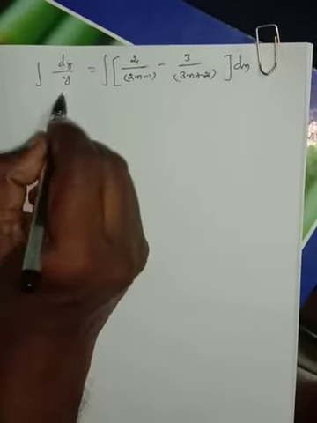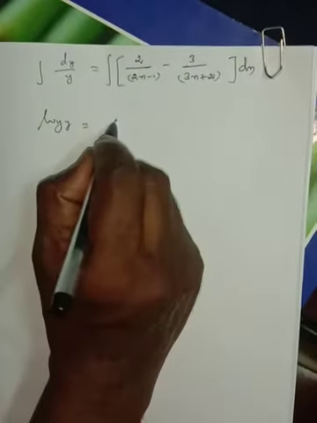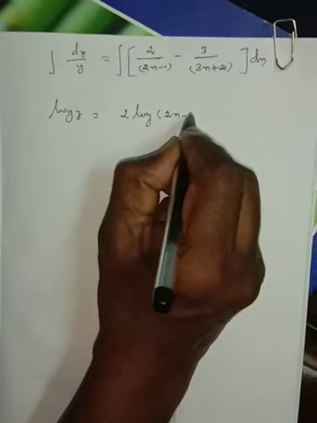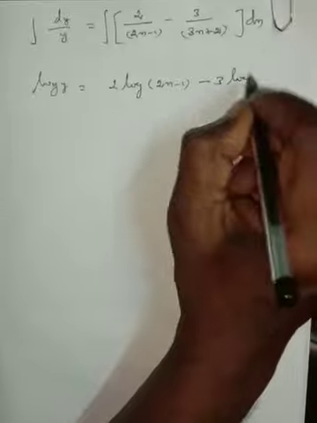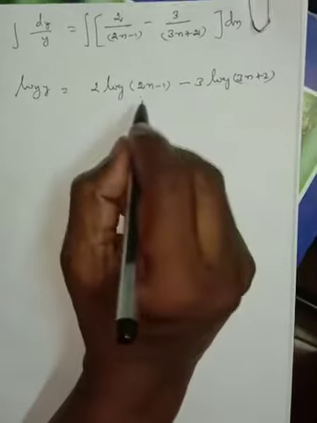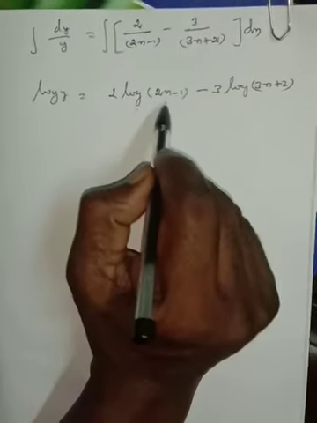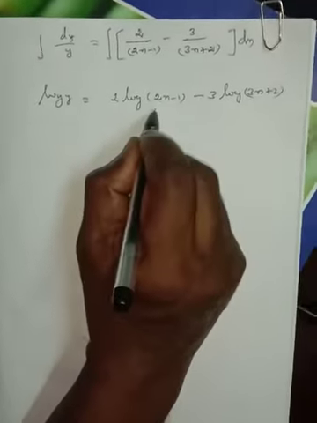Left hand side, dy by y integrates to log y, which is equal to 2 into log of (2x minus 1) minus 3 log (3x plus 2). The integral of 1 by (2x minus 1) is log of (2x minus 1), but the coefficient of x is 2, therefore divided by 2.